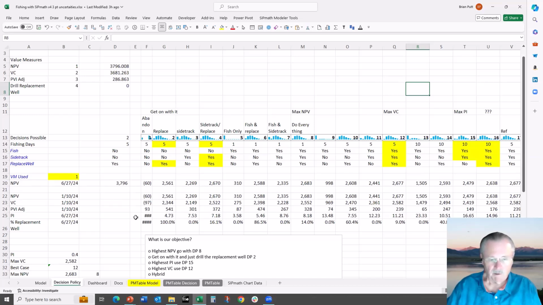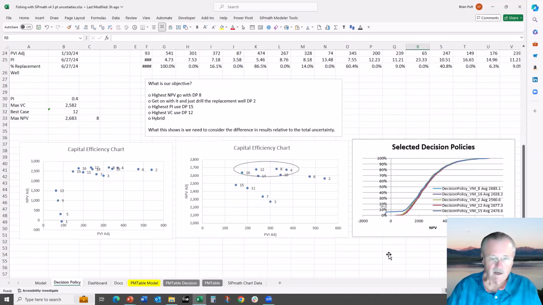We've got the profitability index, and we've got the chance that we drill a replacement well. Okay, and so we've got all these different alternatives, and then we can come down here and plot all of those on this capital efficiency chart.